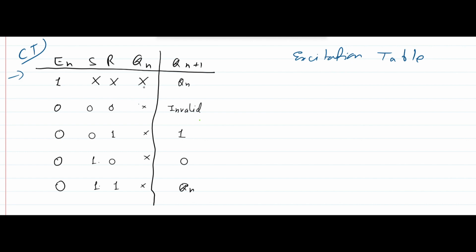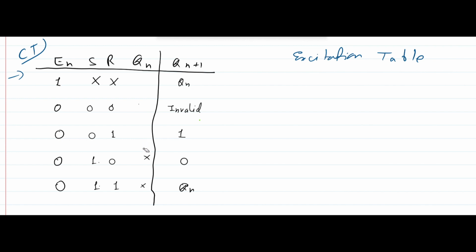To use this characteristic table, we have to simply replace all the don't care conditions of Qn by their values, that means by 0 and 1. So I'm going to do that here.